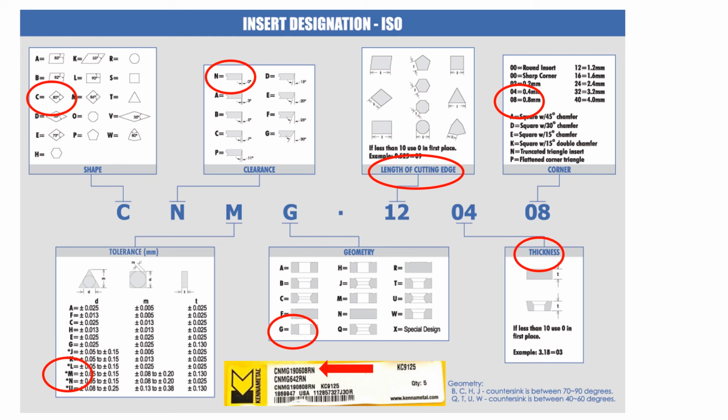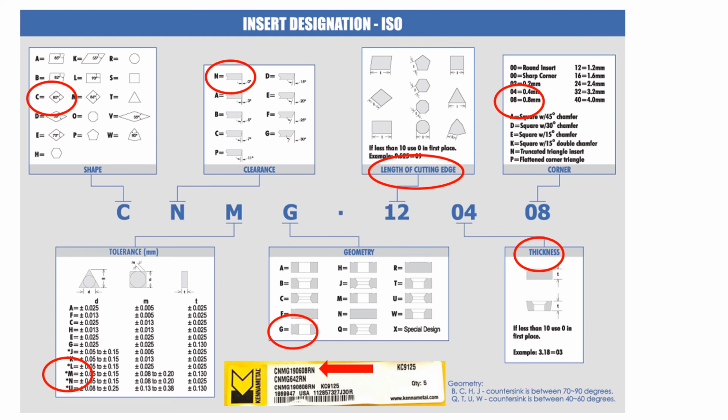The first letter is C, which is the shape. The second letter is the clearance, obviously dictated by the material that I'm cutting. The third letter is the tolerance. The fourth letter, which is important, is the shape, the chip breaker and the geometry of the insert.